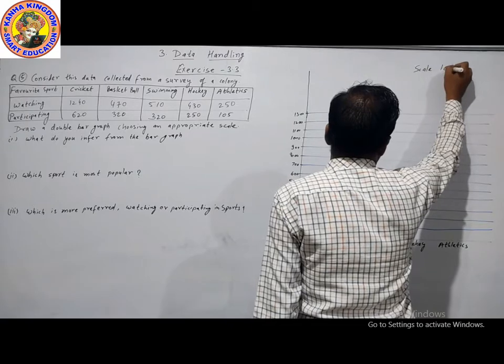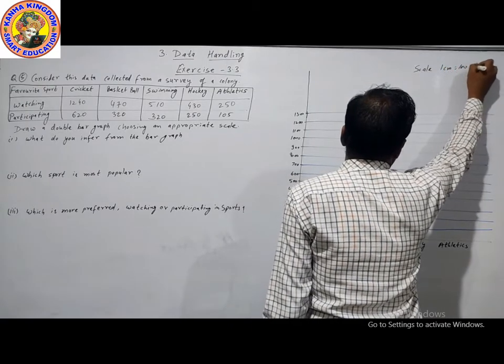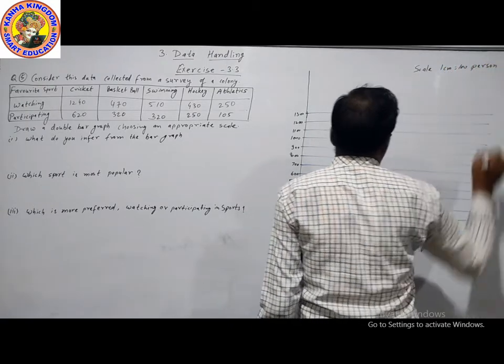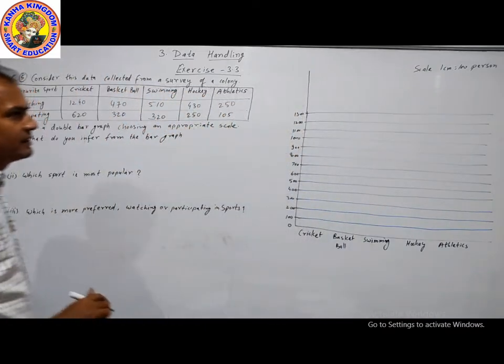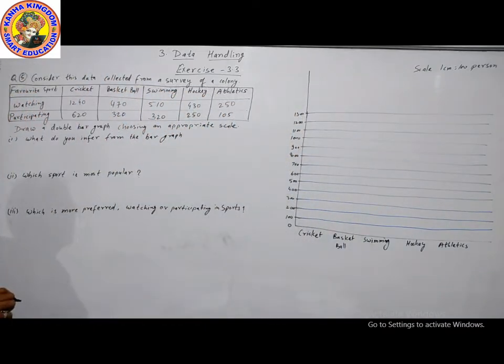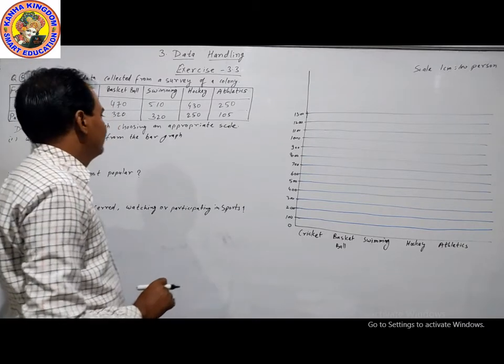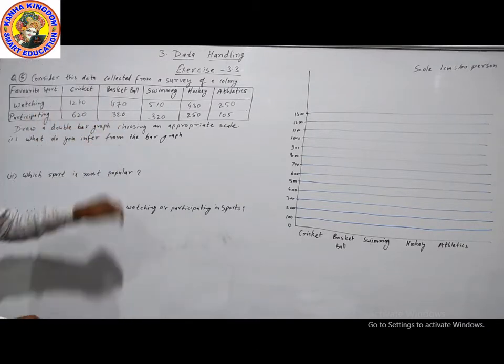Scale is 1 centimeter is equal to 100 persons. Now draw a double bar graph.